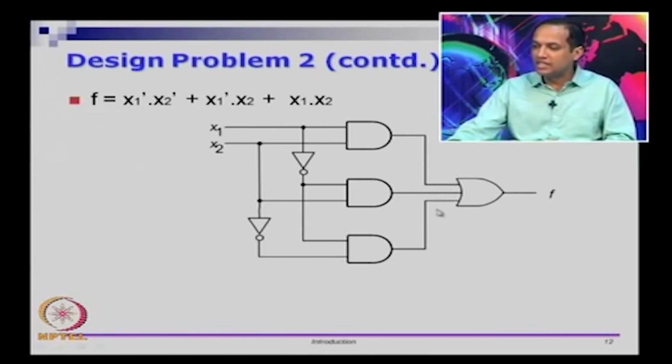So even if one of these wires has a 1, the output will be a 1. The 2 inverters are just used to get the corresponding complemented terms. If you look at the circuit carefully, this term is capturing x1 and x2, this one is capturing x1 complement and x2, and this one is capturing x1 complement and x2 complement, and these 3 are logically ORed together to get your final output.